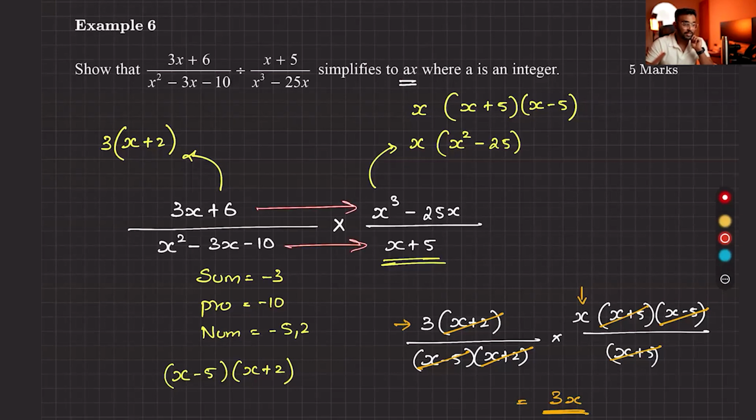If you expand this, just multiply and expand, you are not simplifying to ax. You see that x with x to the power of 3, you're going to get x to the power of 4, and how can you cancel it? You can't. No problem, so that is understood.